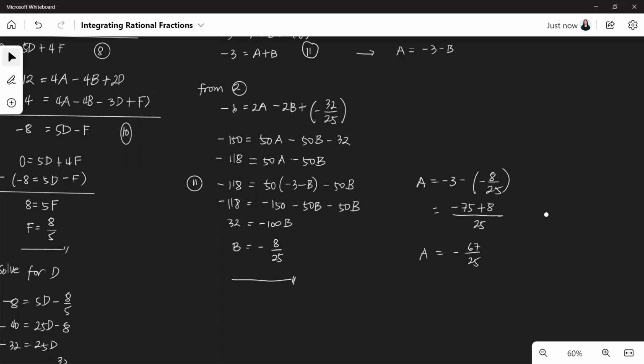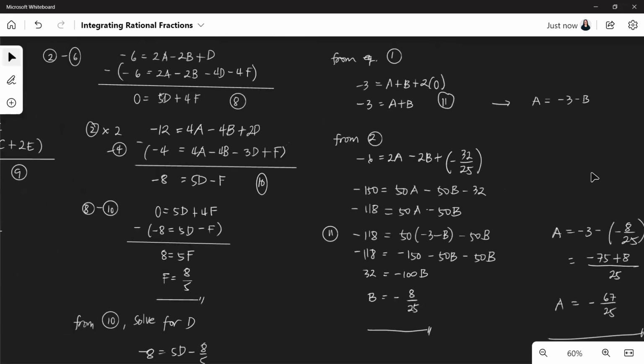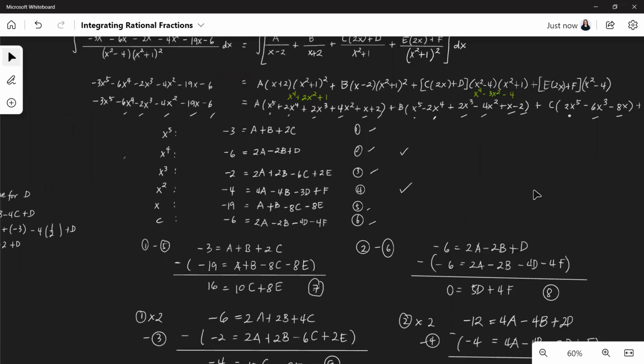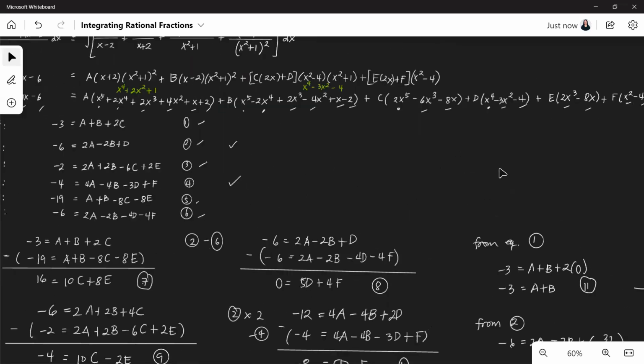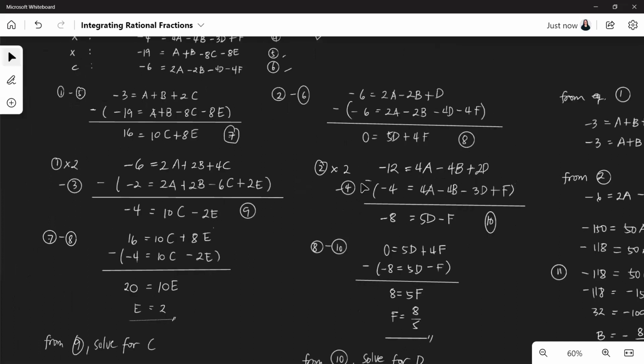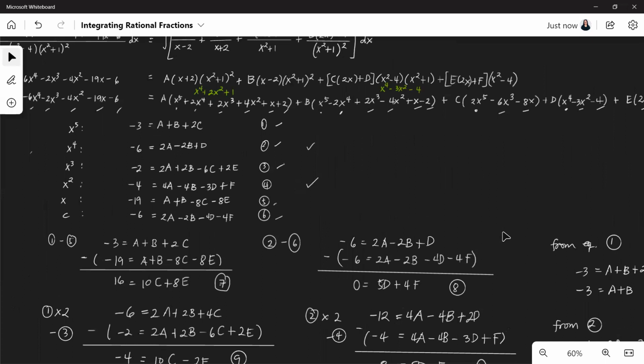So we now have A, B, C, D, E, and F. So we can now proceed to integration. Let's copy this part here.